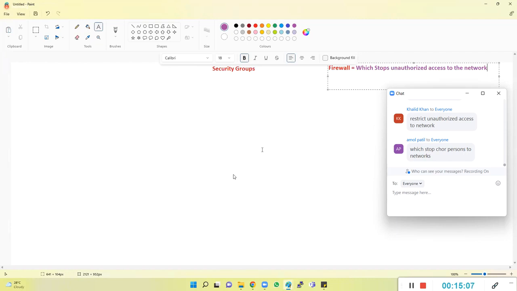Don't say stop access or stop persons or stop these filters. Clearly say: which stops unauthorized access to the network. That is a firewall. And this firewall is nothing but what we call a security group.